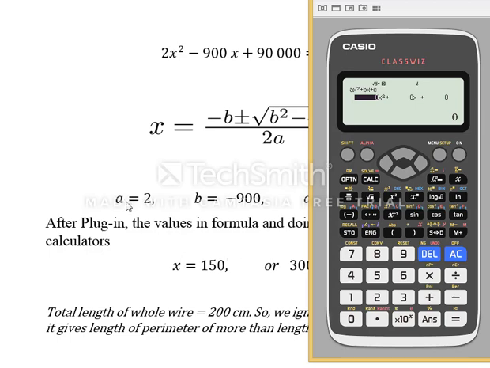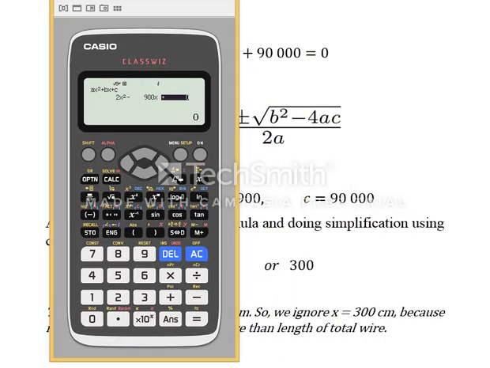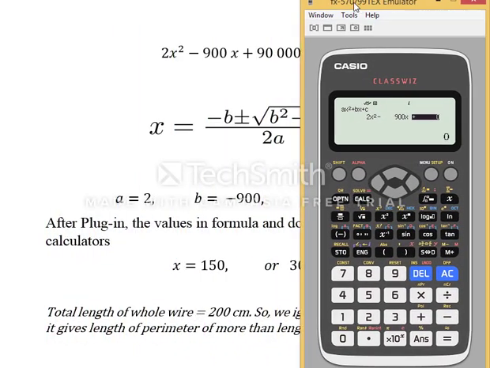So now we are going to plug in these values with the equal button, where b is minus 900 and c is 90,000.